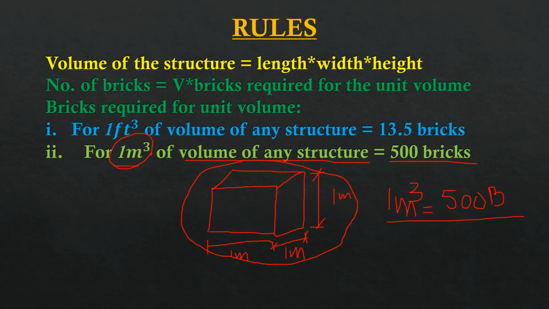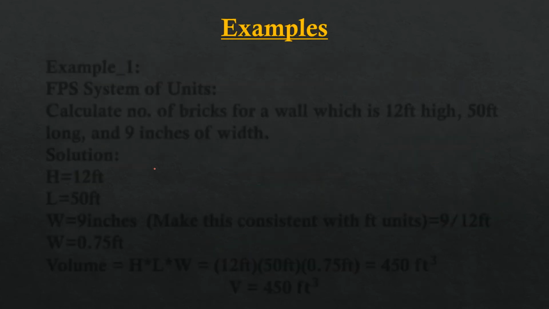So simply, if our volume is 1 foot cube, then the required bricks are 13.5, and if our volume is 1 meter cube, then our required number of bricks is 500. We can easily understand these 2 points by doing two examples, one for foot cube and one for meter cube. So let's proceed to example number one.